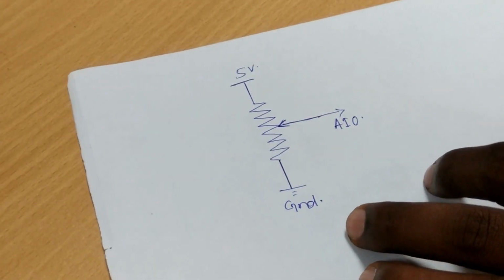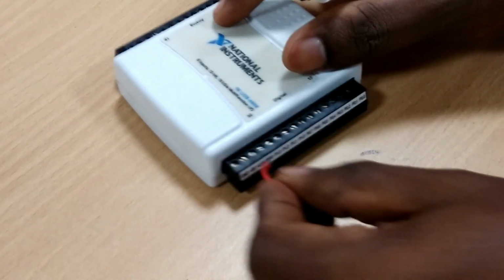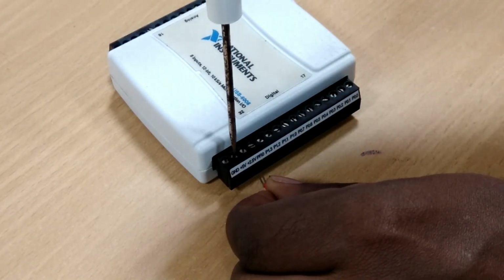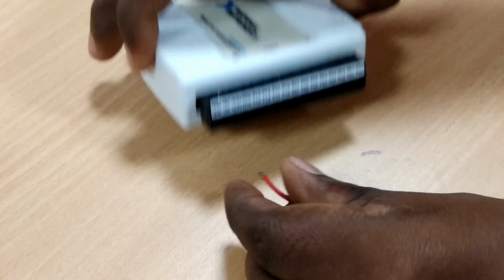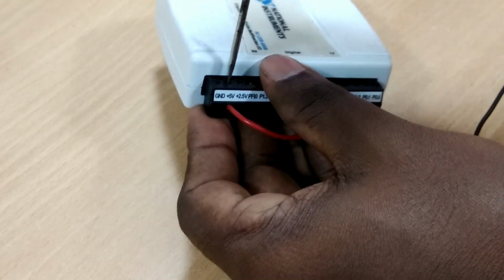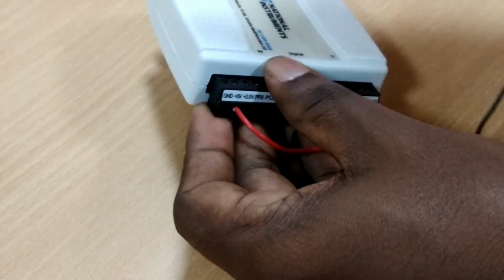Now connect the pot to the data acquisition card. The red wire is going to connect to 5V of the data acquisition card, and the black wire is going to connect to the ground pin of the data acquisition card. The middle wire, that is the yellow wire, is going to be connected to the AI0 channel.